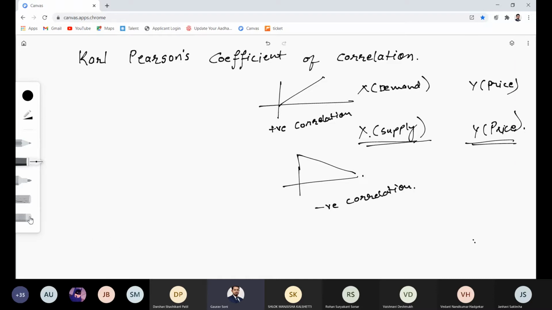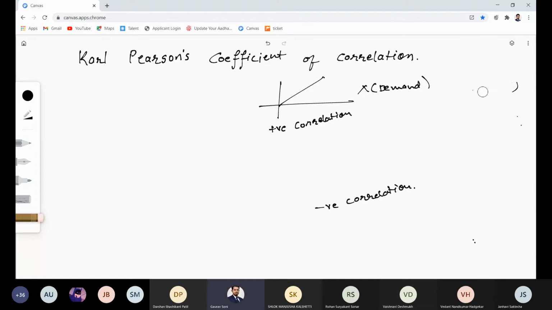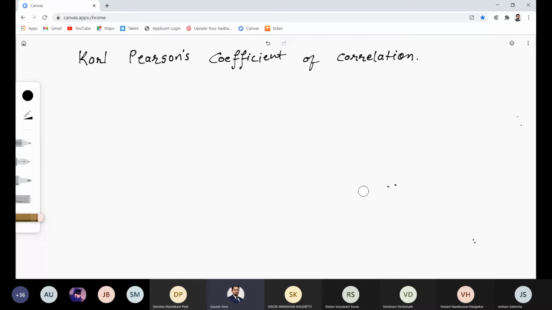But if there is a different example or different relations, for example, marks in 10th standard and marks in engineering, for many cases that may not be related. In these kinds of cases, we can use mathematical techniques by which we can find out the relation between the two variables.